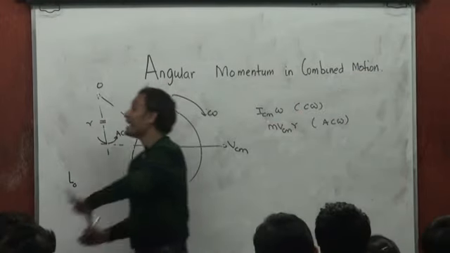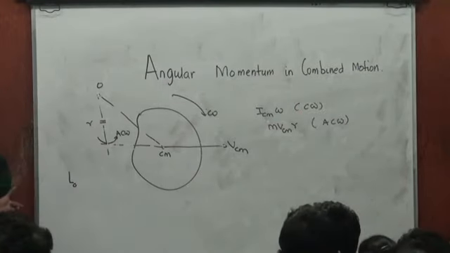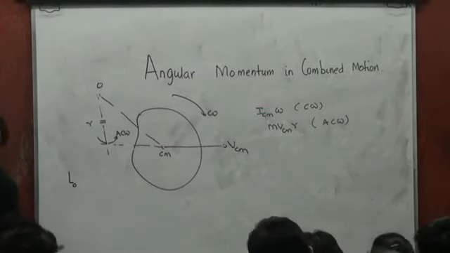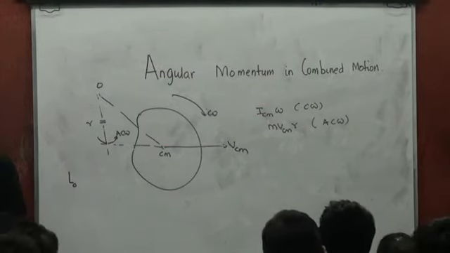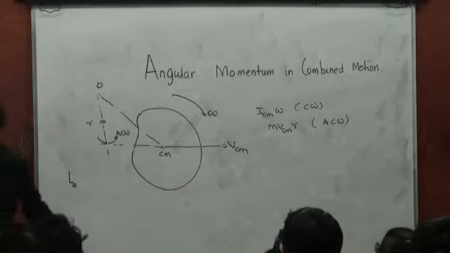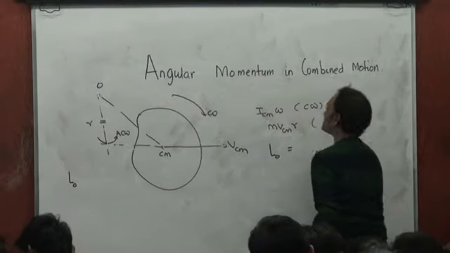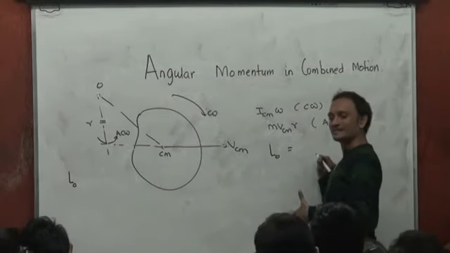So the net angular momentum about O is going to be the algebraic sum of clockwise and anti-clockwise. Let's say I choose clockwise positive, anti-clockwise negative.